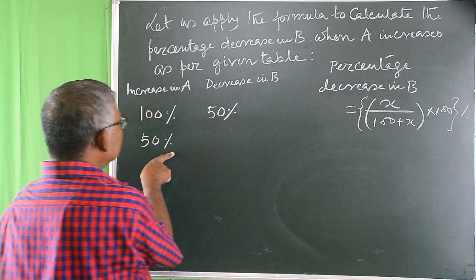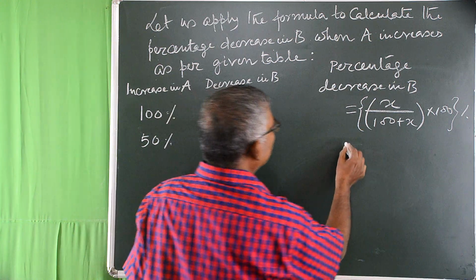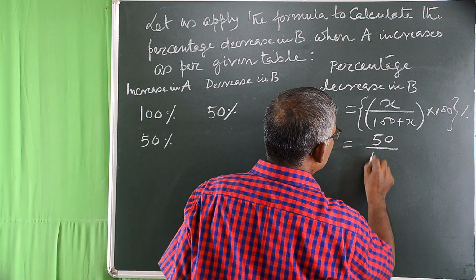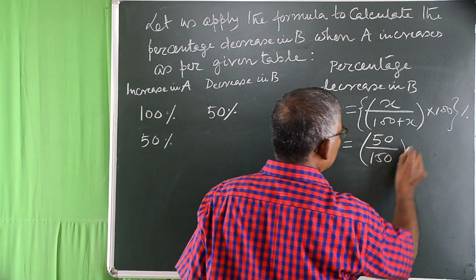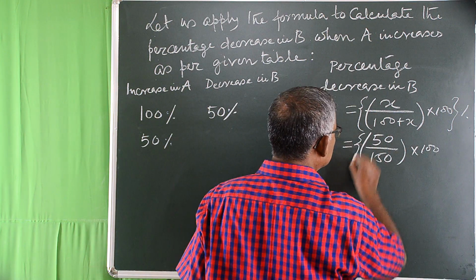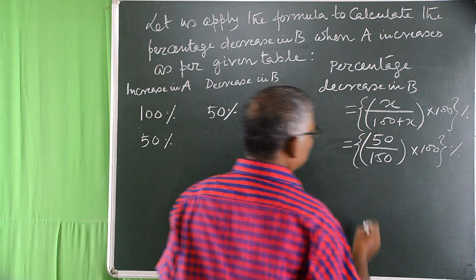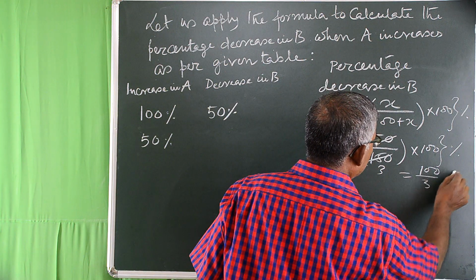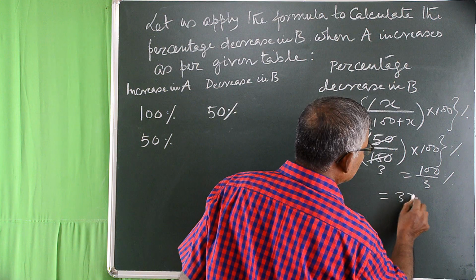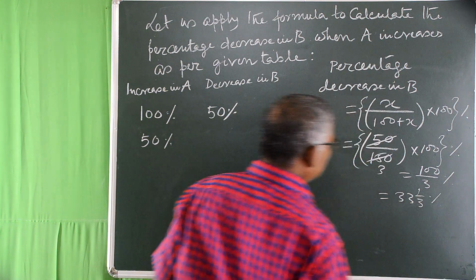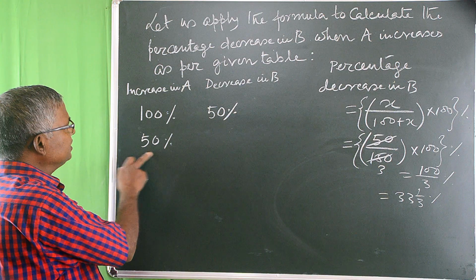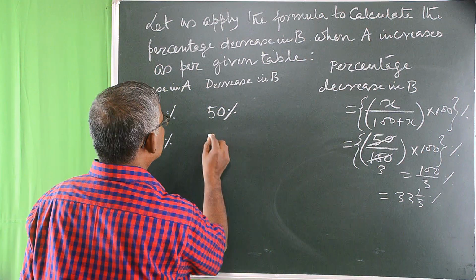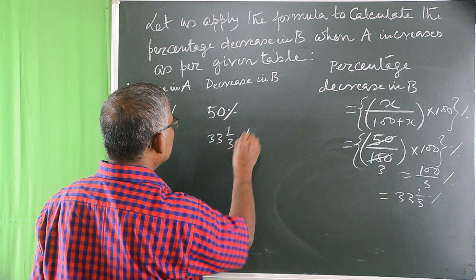Whenever the value of X is 50, then the required percentage decrease in B equal to 50 by 150 into 100%. It is 100 by 3%, that is 33 whole 1 by 3%. So whenever A is increased by 50%, percentage decrease in B must be 33 whole 1 by 3%.